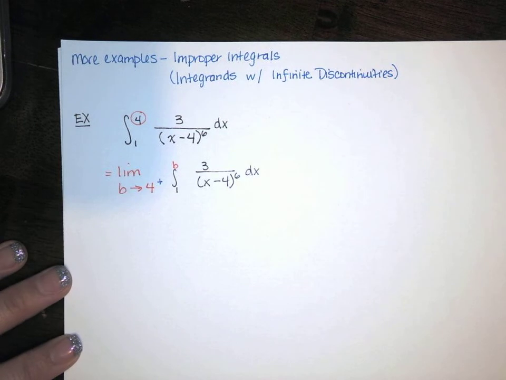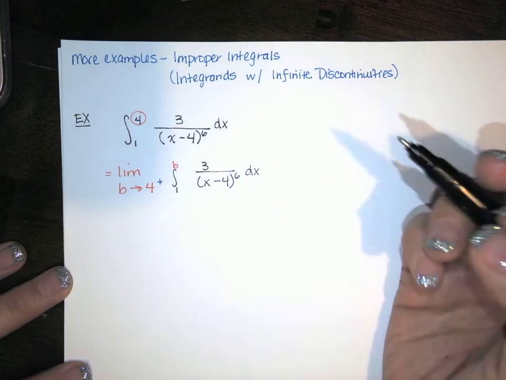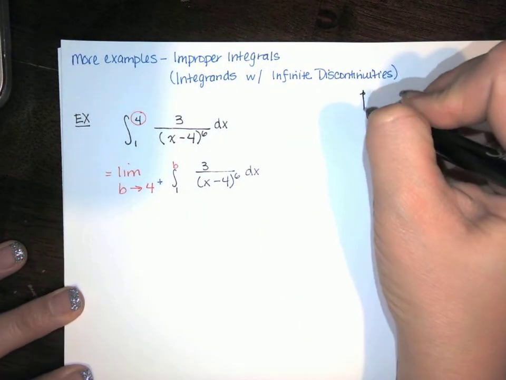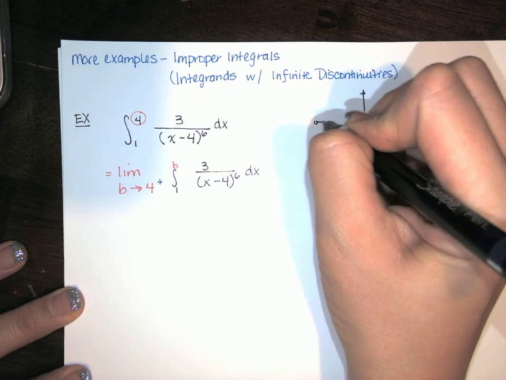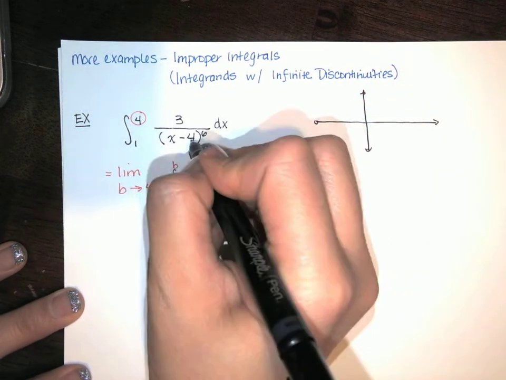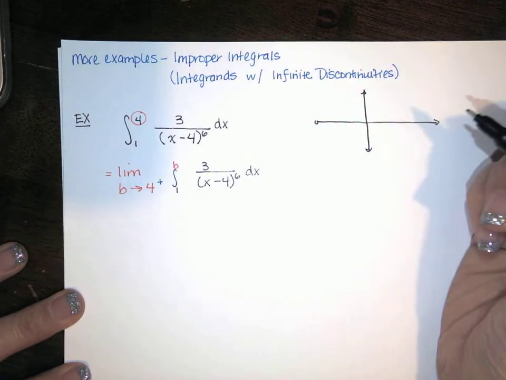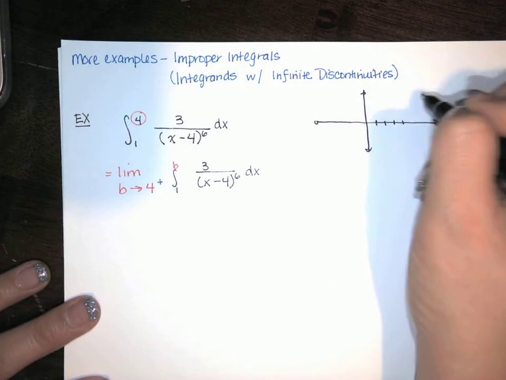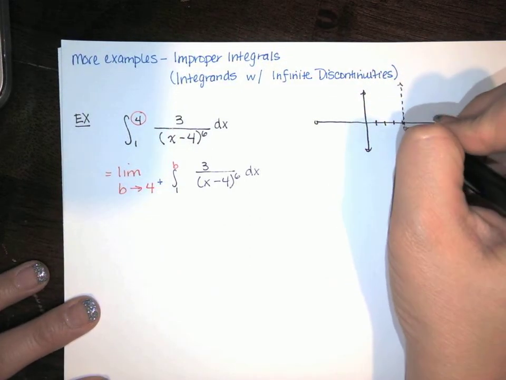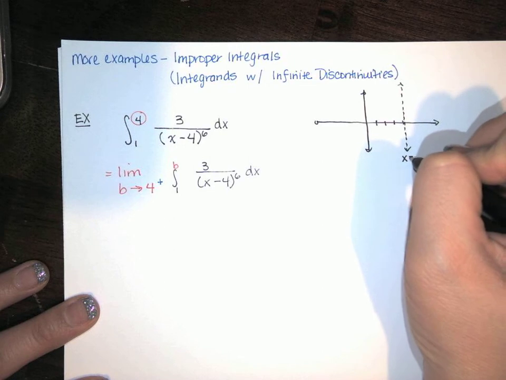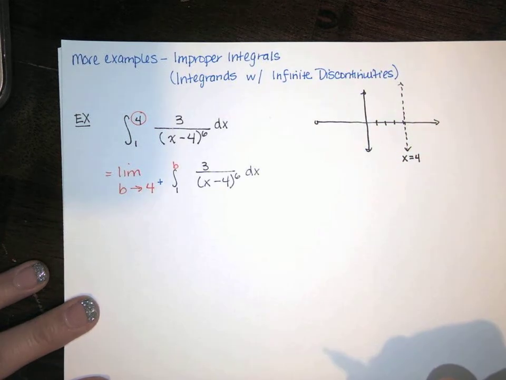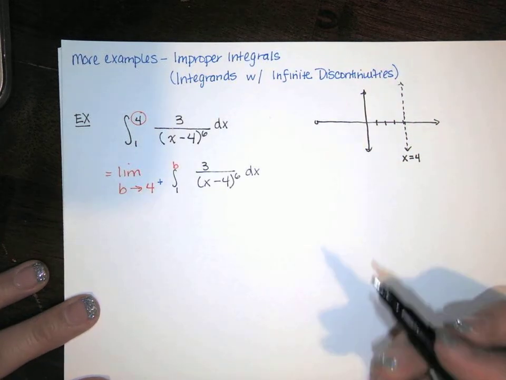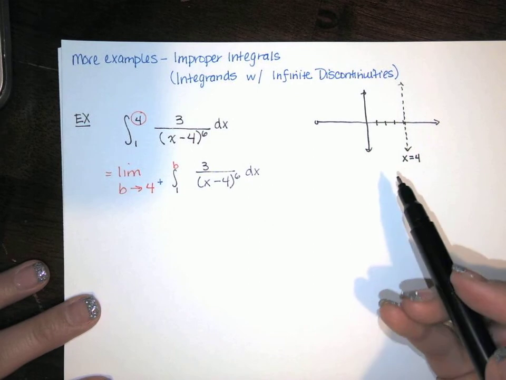Okay, so if I'm trying to visualize what's going on here, I know I've got an infinite discontinuity at x equals 4. So I go over 1, 2, 3, 4. And that's my line. My function is getting very close to this line.